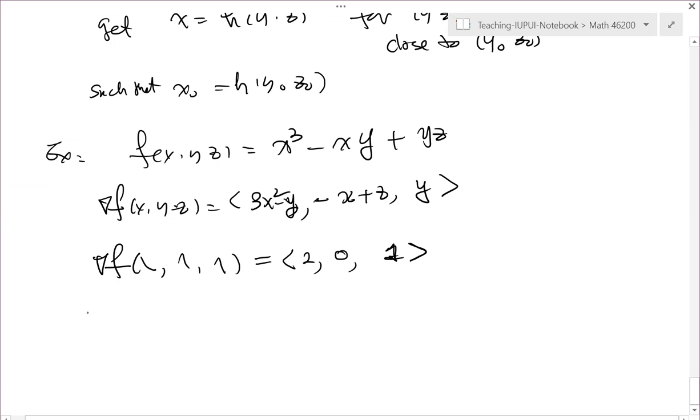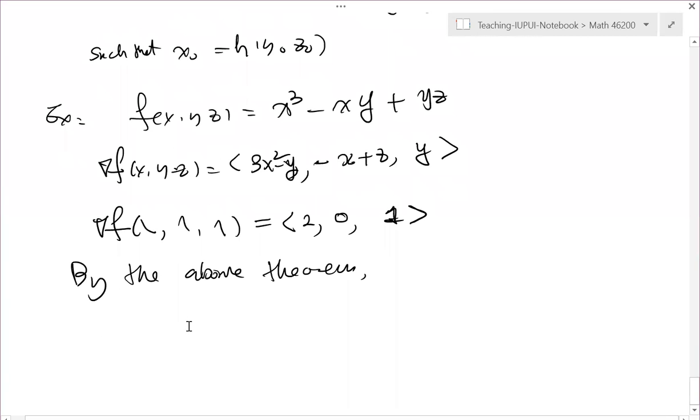By the above theorem, we can solve this equation. And that equation, the value is going to be 1.